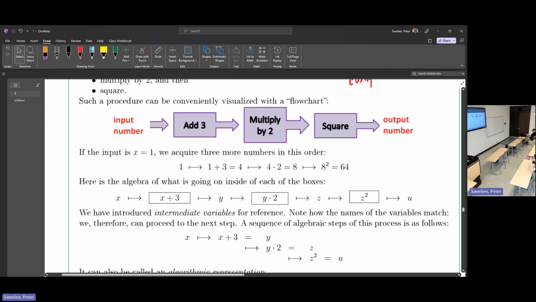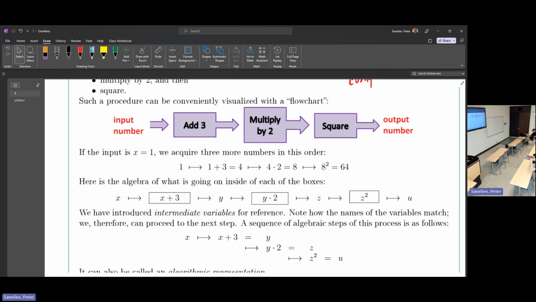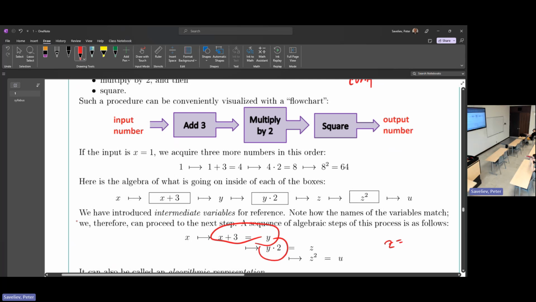In other words, it's substitution, right? If you were to produce one single formula, which once again, do we even want to? Then you would substitute literally what's happening here: y is equal to x plus 3, you would substitute into z equals y times 2. What is z in terms of x?